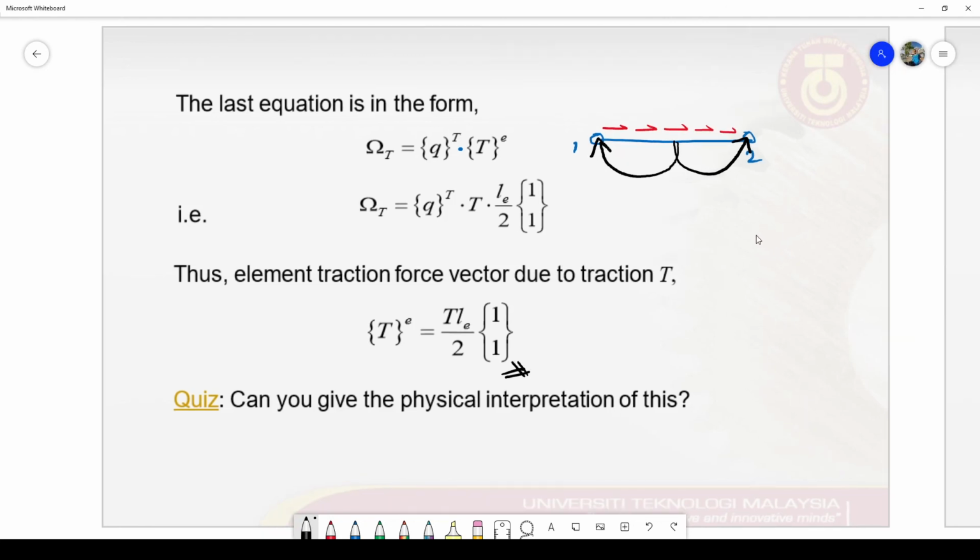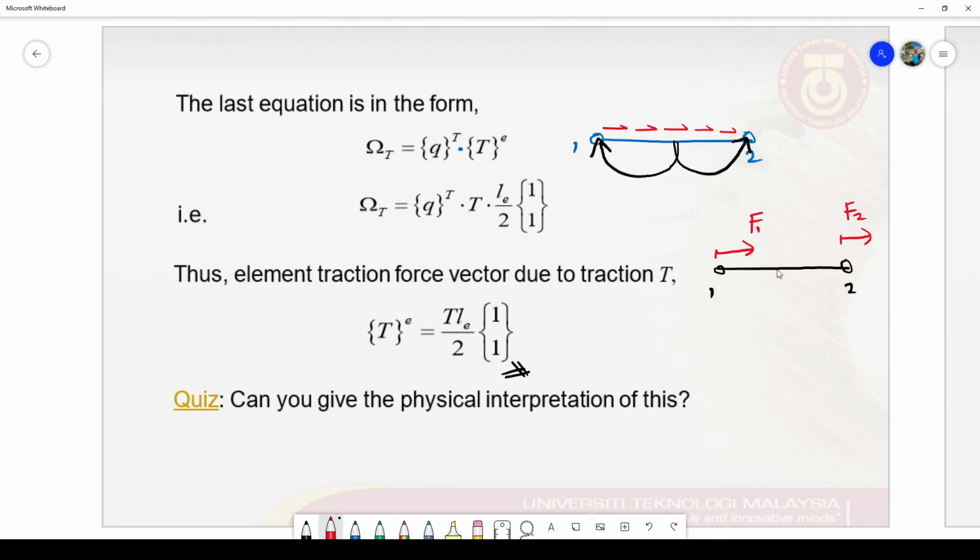The point load is straightforward, which is the load applied directly on the nodal points. If we have a load applied to node number 1, it will be labeled as F1, and if we have a load applied to node number 2, then we will have F2.